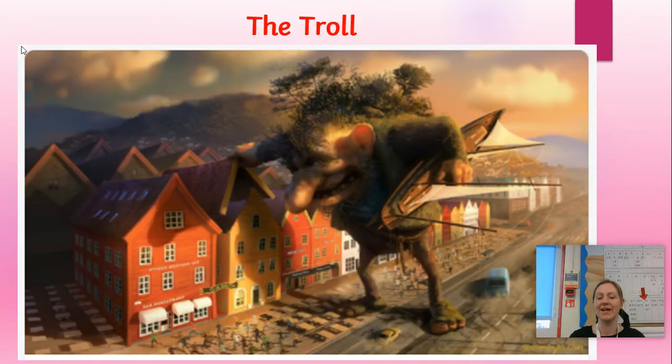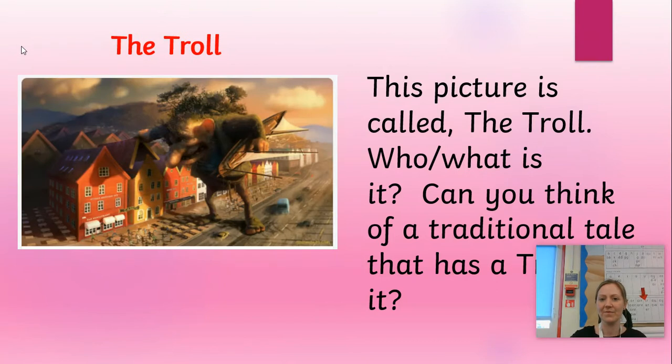Right, I'd like you to have a look at this picture. First of all, this picture is titled The Troll. Have a really, really good look. The Troll. So who or what is it?